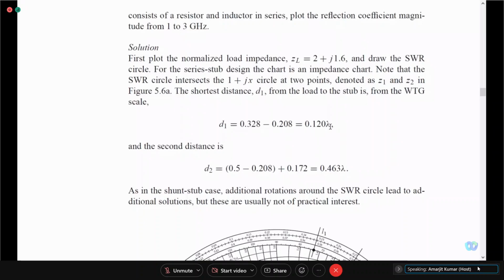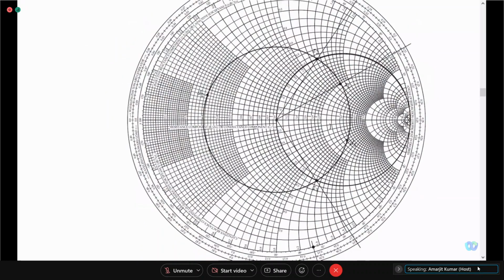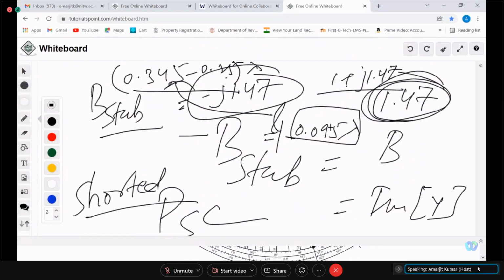Now how to calculate the length of the stub? What was the condition for calculating the length of the single series stub?